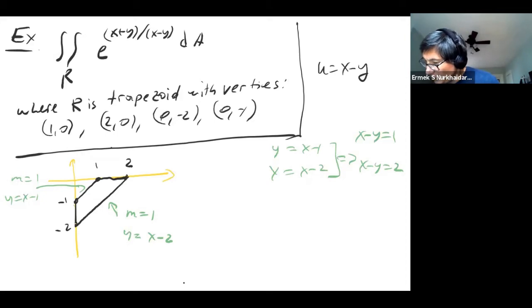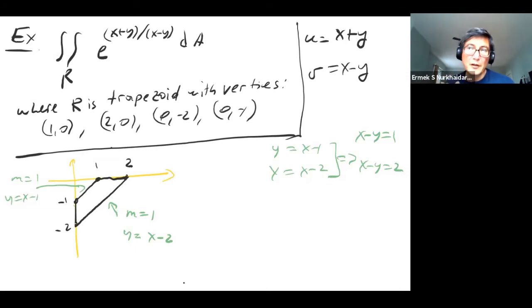In my notation I call this v, it doesn't matter much, and I'm going to call u to be x plus y. The reason is that the function you integrate has x plus y in the exponent, x plus y over x minus y.